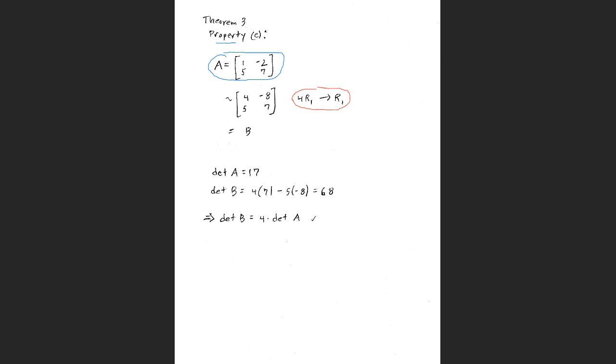So the first row, which was 1, negative 2, now becomes 4, negative 8. And here's my matrix B.